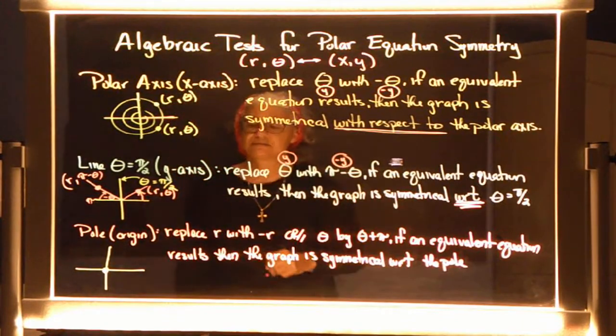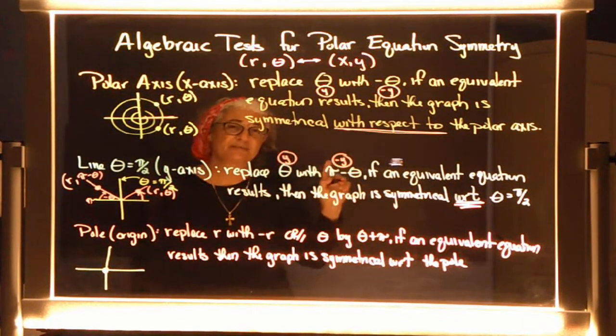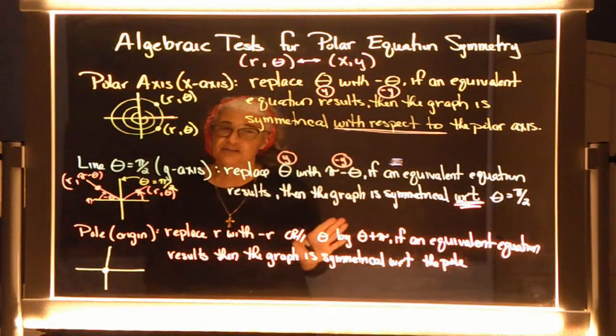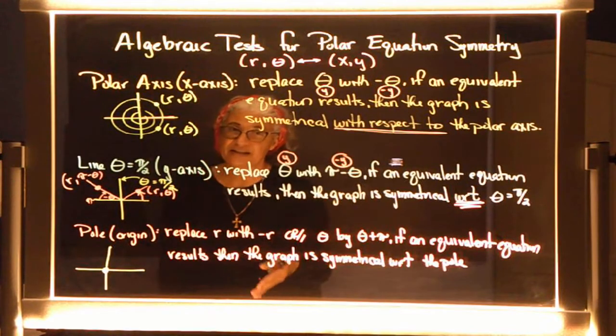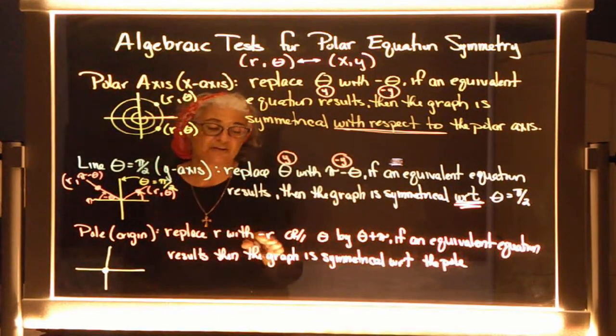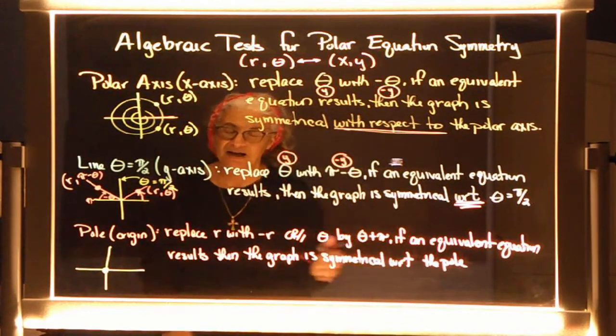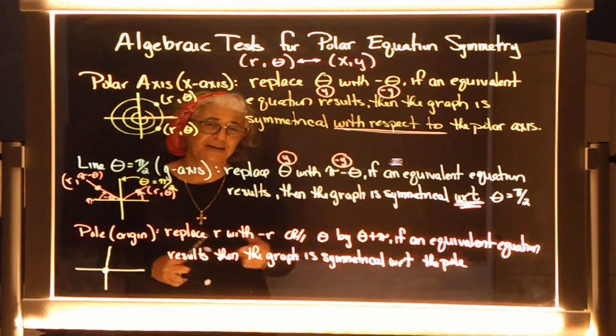You're basically replacing it with a negative y. Got it? So here, if you remember from when we did origin symmetry for our rectangular equations, we replaced both x and y with a negative x and a negative y. So here they're saying replace r with negative r, or theta with theta plus pi. And you're like, theta plus pi, what?